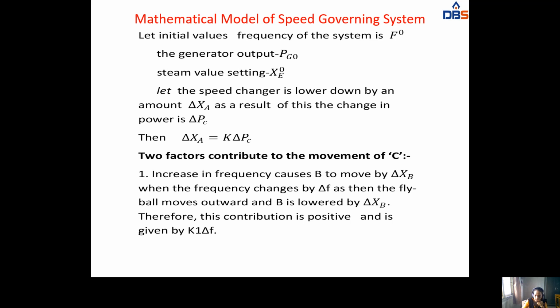When the frequency changes by delta f, the fly ball moves outwards and B is lowered by delta xb, therefore this contribution is positive, and it is given by k1 delta f.